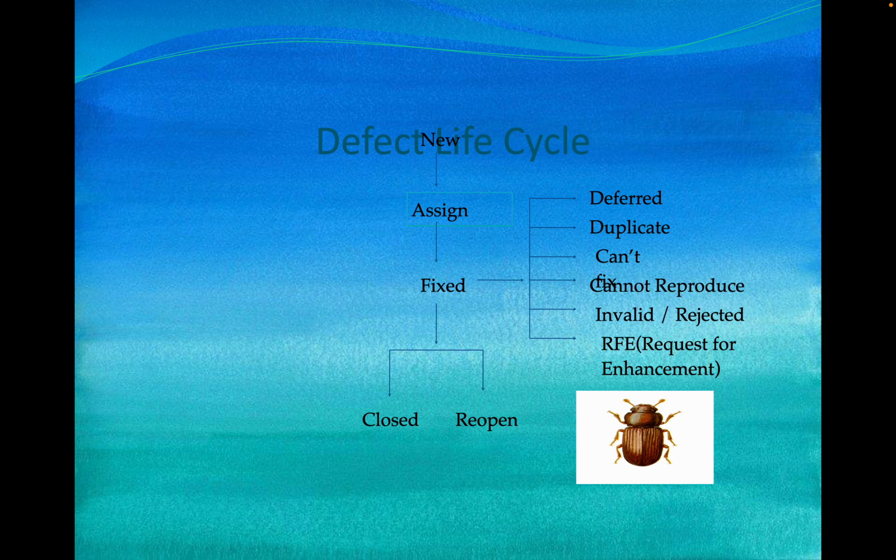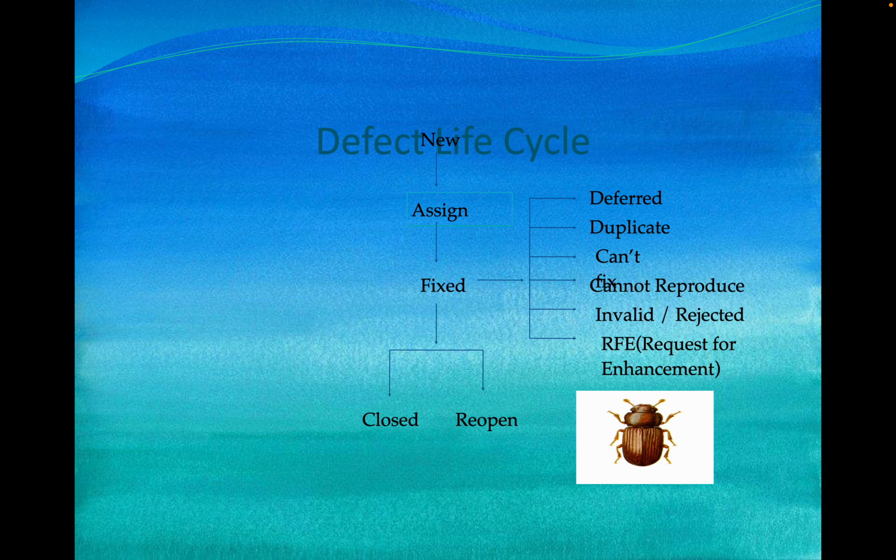Now the developer is going to fix the defect. So the identified new defect is assigned to the developer and it's fixed by him, and the bug life cycle then follows. What happens to the bug fixed by the developer?